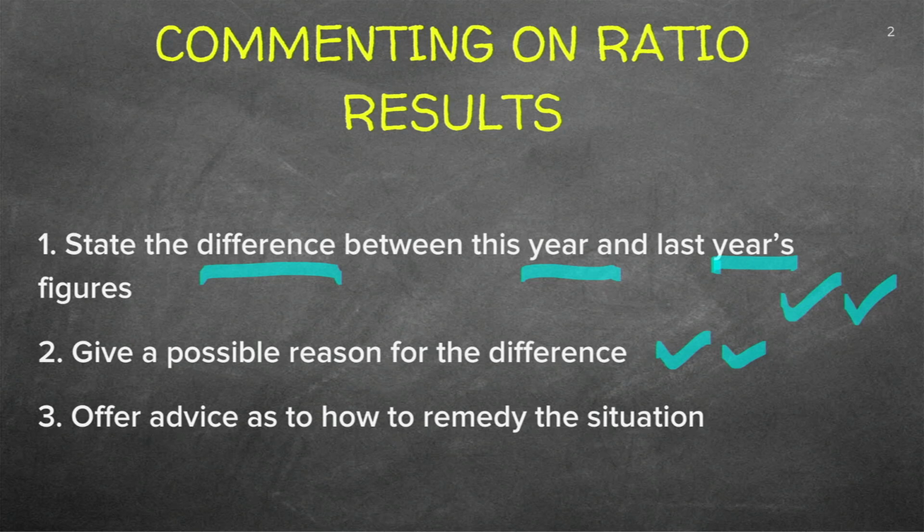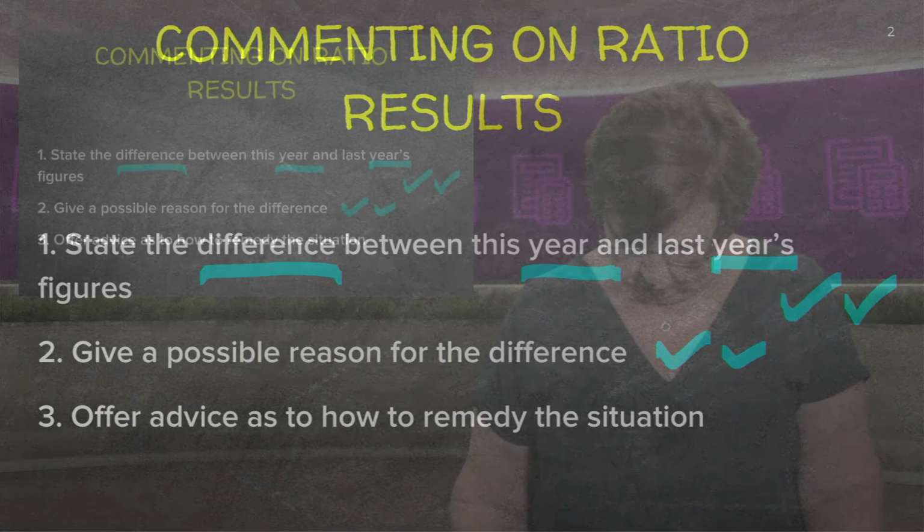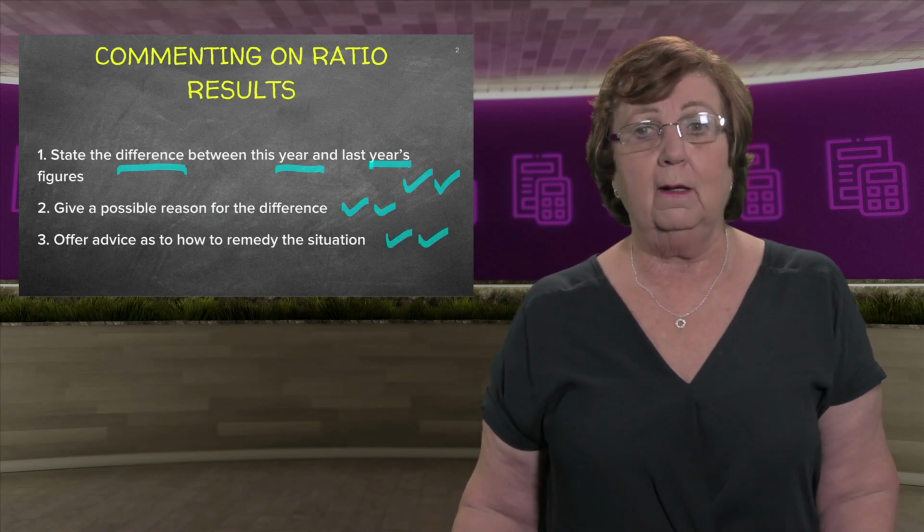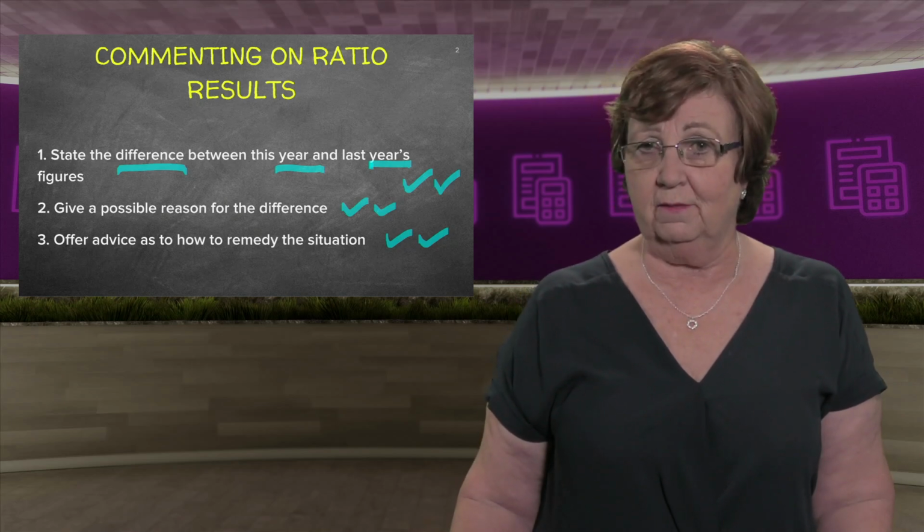And then thirdly, remember to offer advice on how to remedy the situation or to improve the situation even further. And again, for that, you will get 2 marks. So there's 6 marks without the calculations.